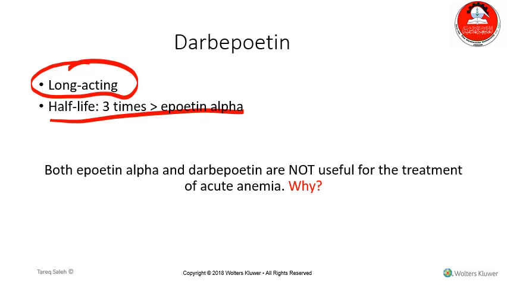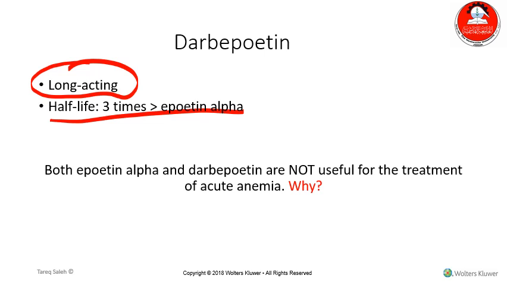Note here that both epoietin alpha and darbepoetin are well-tolerated drugs and administered intravenously in renal dialysis patients or subcutaneously for other indications. These drugs usually have minimal adverse effects, and those include hypertension and arthralgia that we will discuss later.